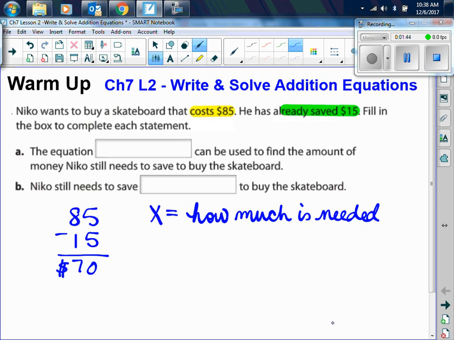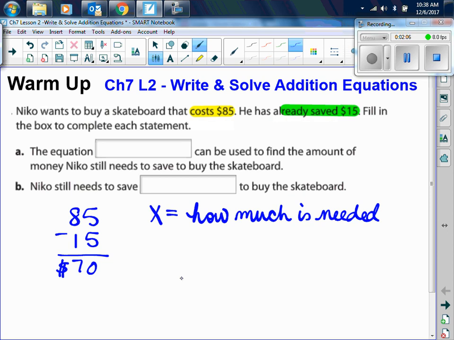Now, when we look at the words, we know that if we add how much he already has plus how much he needs, that's going to be equal to $85, right? So, algebraically, we're going to write that equation.